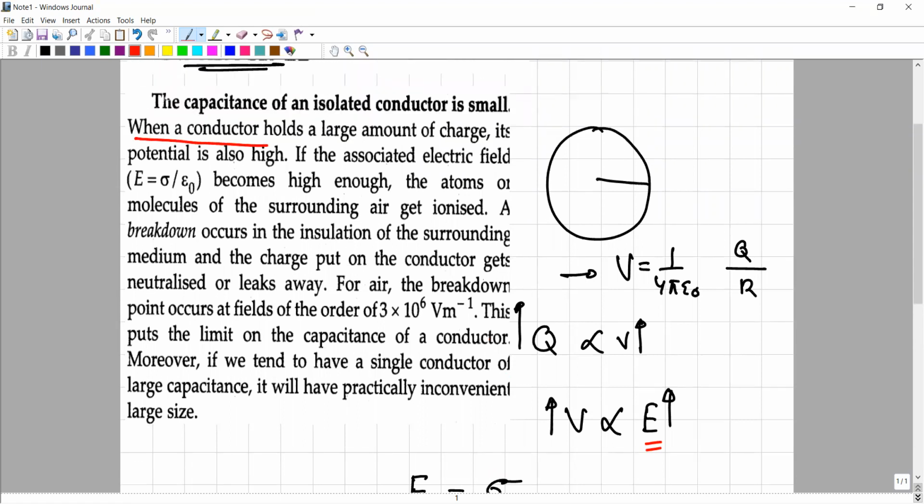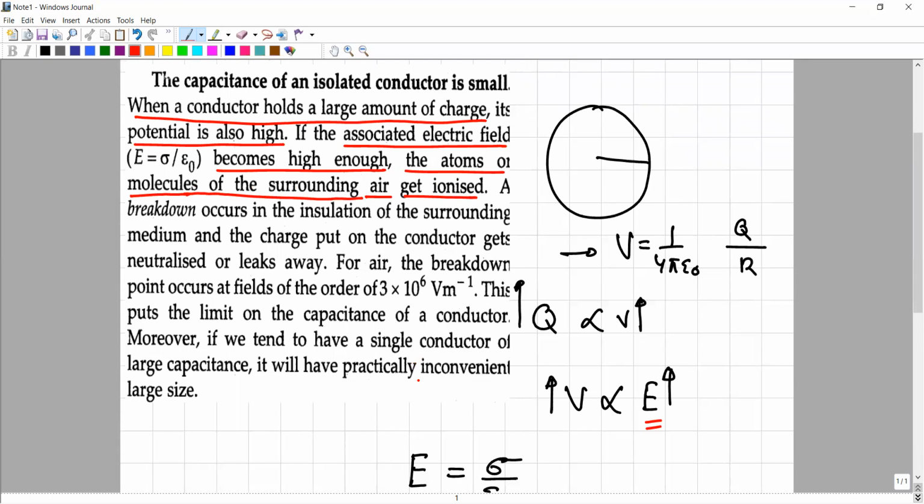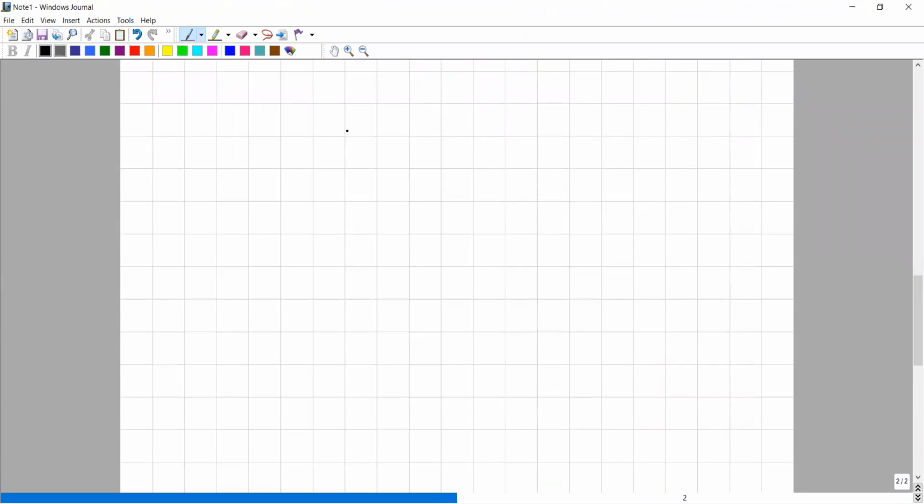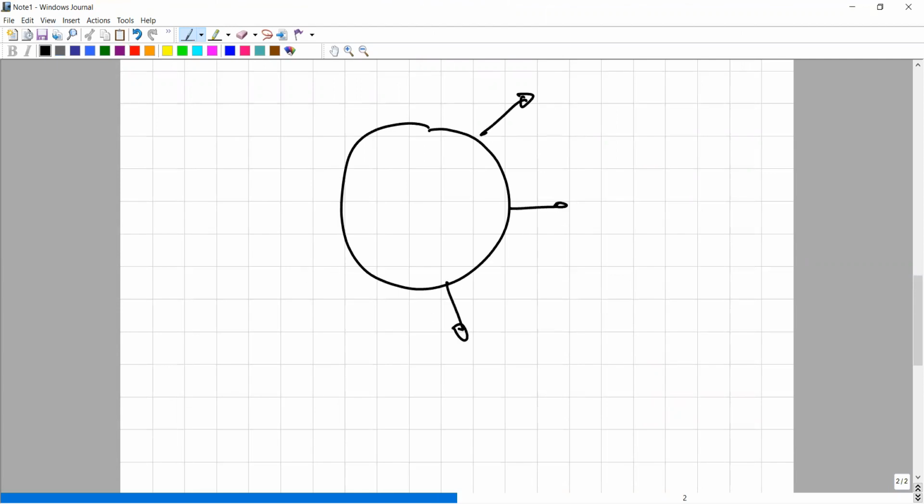Now, when a conductor holds a large amount of charge, its potential is high, and the associated electric field becomes high enough that the atoms or the molecules of the surrounding air get ionized. A very strong electric field near the conductor will ionize the atoms and molecules which are nearby.